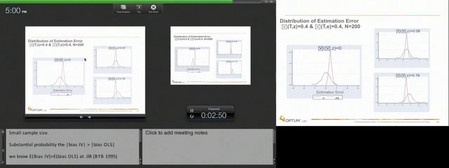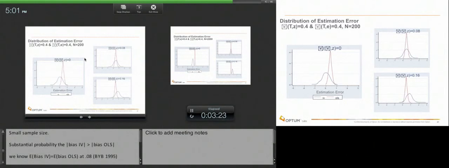This is a best case scenario in terms of instrument strength. We're also going to take an example where we've got a really bad endogeneity problem: a correlation of 40% between the treatment variable and the residuals in the outcome equation. Really strong instrument, really bad endogeneity problem. Exactly the kind of case when you should be using an instrument. But we're going to start out with a smaller sample.